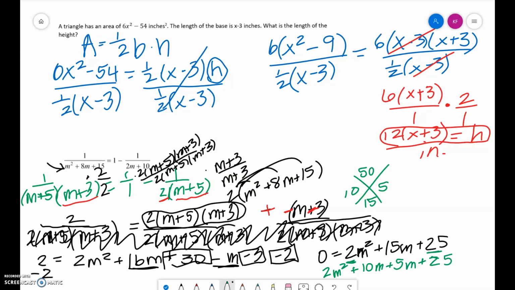So I'll take out a 2m times m plus 5, and I'll take out a 5 times m plus 5, and we factor it as 2m plus 5 times m plus 5 equal to 0. We set each of these inside equations equal to 0, and we get m equals negative 5 halves and a negative 5, because we have to change the sign.